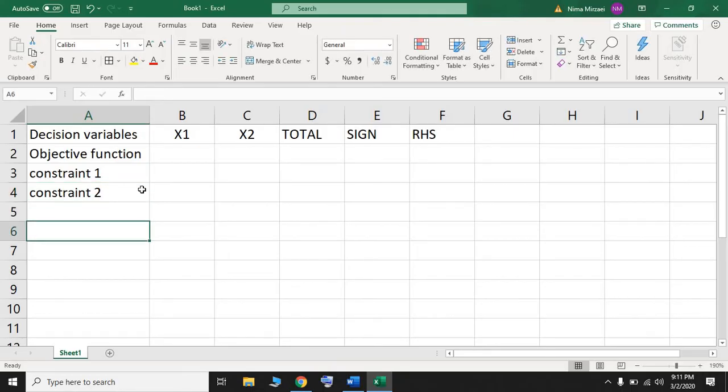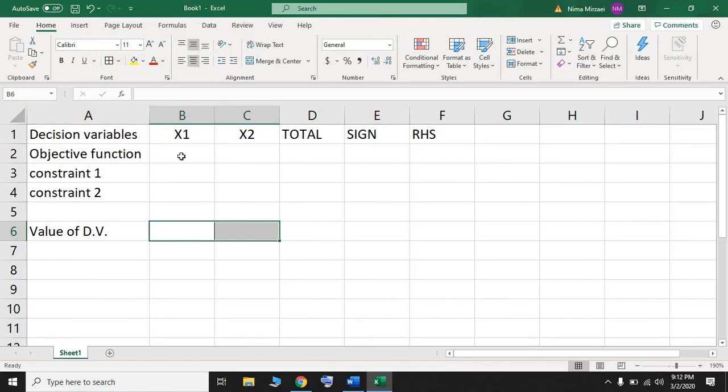And at the last we are going to define the value of the decision variables. In this row, after we use the Excel Solver, we are going to find the optimal values of x1 and x2. I'm going to use the border to make it more clear.